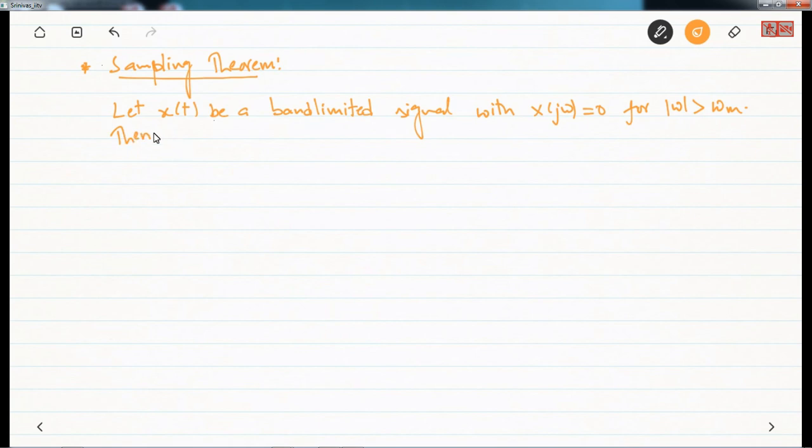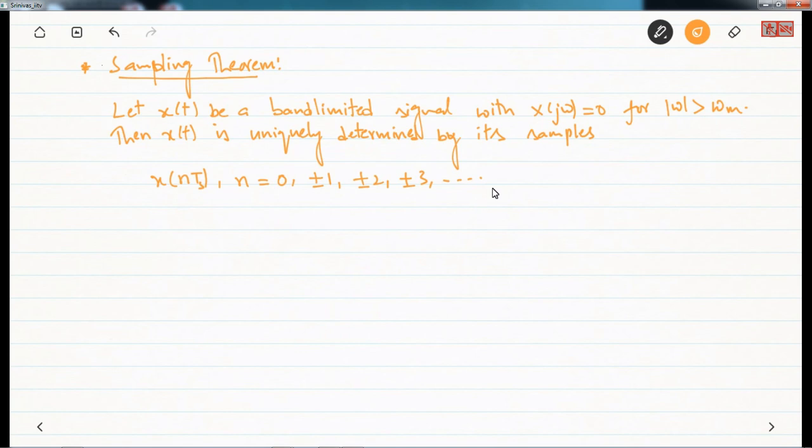Then x of t is uniquely determined by its samples x of nTs, taken at n equal to 0, plus or minus 1, plus or minus 2, plus or minus 3, and so on, if omega s is greater than 2 omega m.